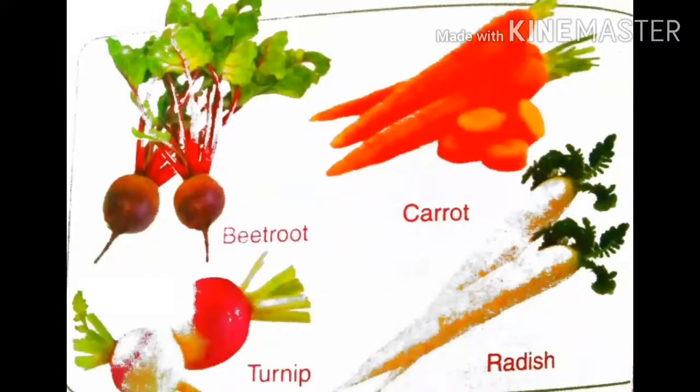In some plants, food prepared by leaves moves downwards and is stored in the roots. The roots become big and take different shapes because of the food stored in them. We eat these roots as food, for example beetroot, carrot, radish, turnip, sweet potato. These are the best examples of food storage roots.